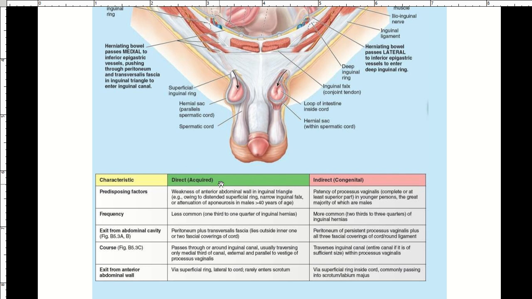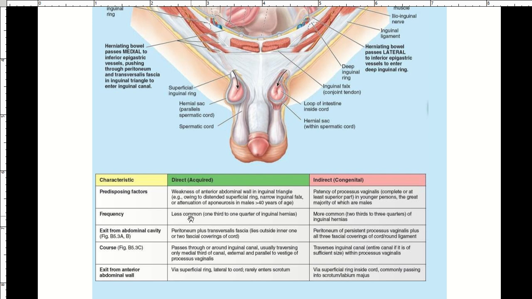Direct: weakness in the anterior abdominal wall, which occurs in males older than 40, that is, in old men with weak abdominal muscles. Indirect: patency of the processus vaginalis, which occurs in younger people, like I said, in boys.